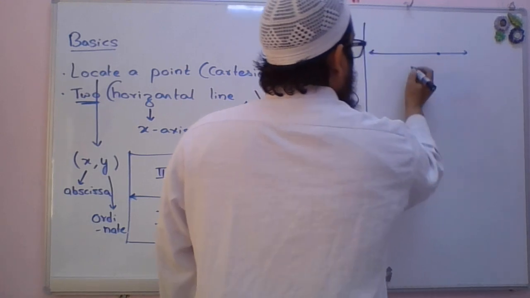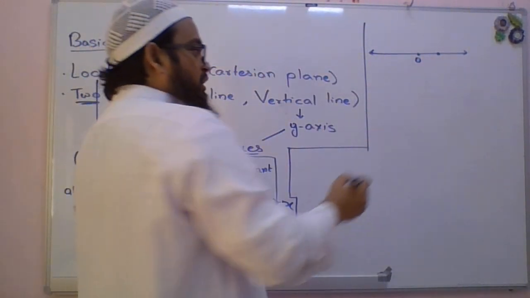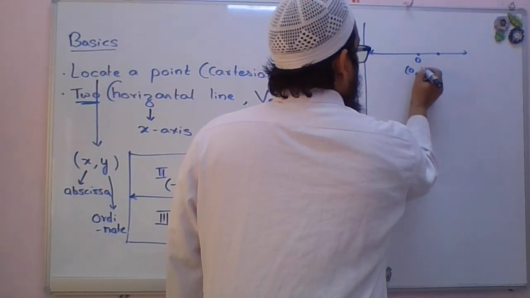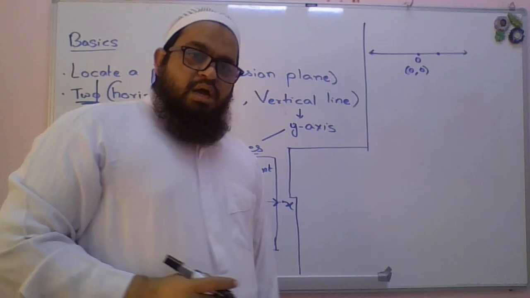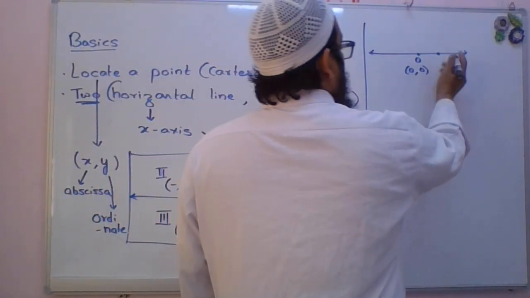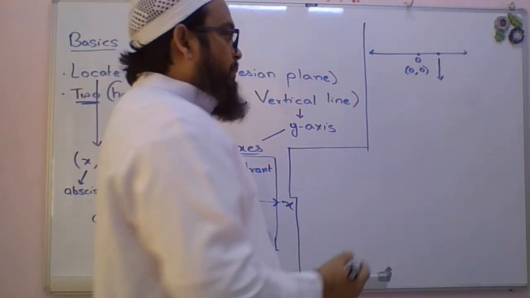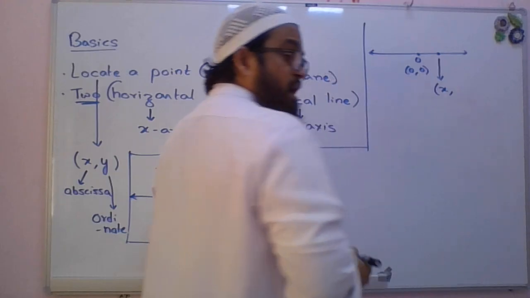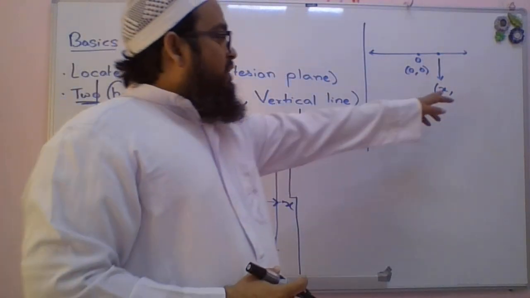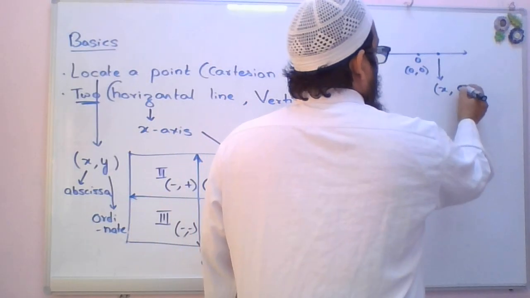So if you take any point on the x-axis, the point will be denoted as x coordinate, and the y coordinate will always be 0.